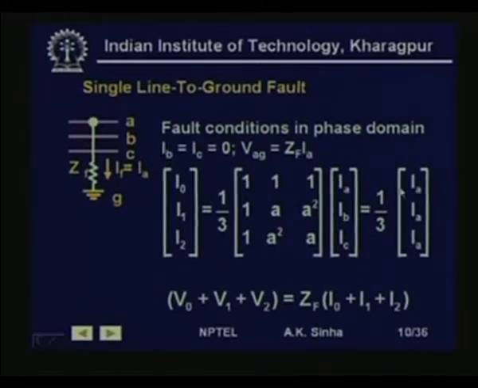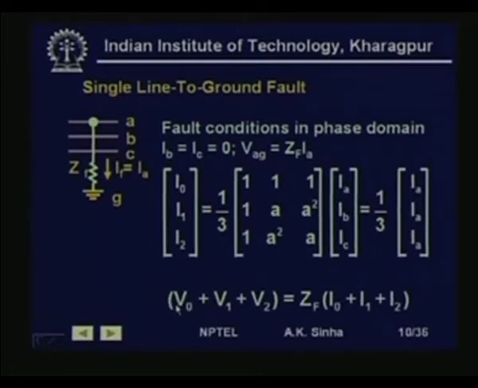So, what we are getting is that at the fault point for a single line to ground fault, the 3 sequence currents I0, I1, I2 all are equal to 1 by 3 IA, that is, the sequence currents are equal. From the other condition that we have for the voltage, VAG is equal to ZF into IA, we can write in terms of symmetrical components.